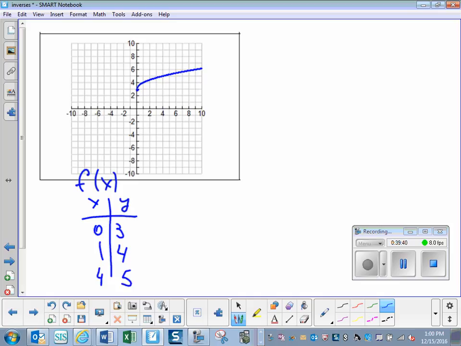So now to reverse the function. So f inverse of x. All I need to do is flip them. So 3, 0, 4, 1, and then 5, 4.